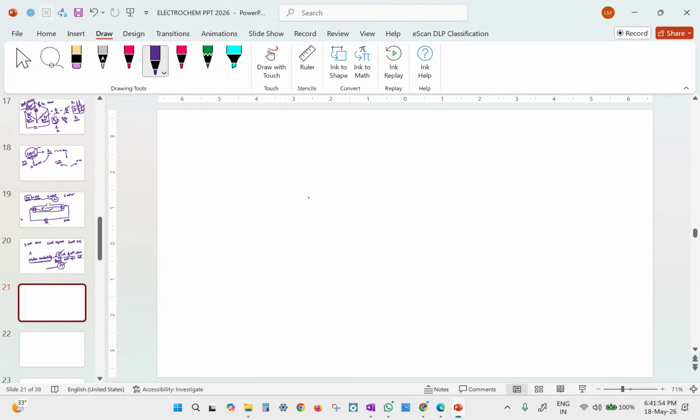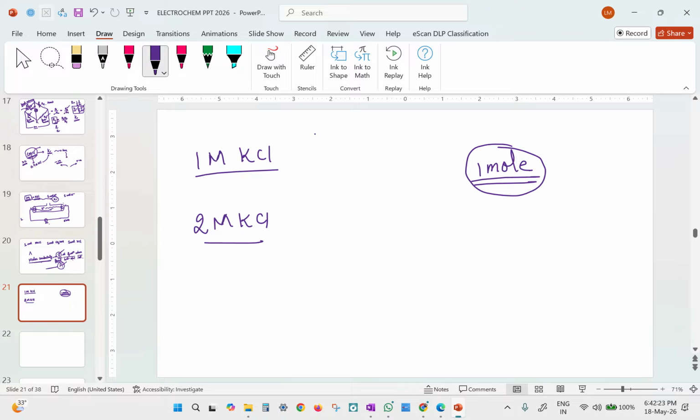Now, why is that? Let us see. Supposing I have 1 M KCl, and 2 M KCl on the other hand. I need 1 mole, and that's when I will call it molar conductivity, right? If I measure the conductance offered by 1 mole of KCl, then only I will call it molar conductivity. But the concentrations are different. So what will I do? I'll take a volume of solution.